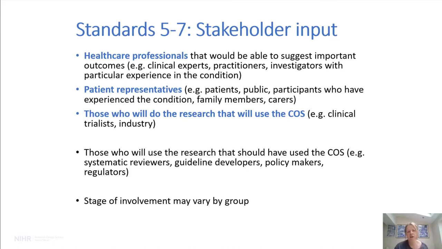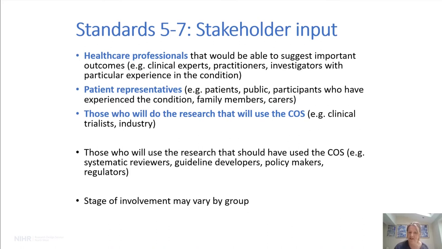That's healthcare professionals who would be caring for people with the health condition, patients and patient representatives, so people with lived experience of the condition, and also those who will do the research that should use the core outcome set.